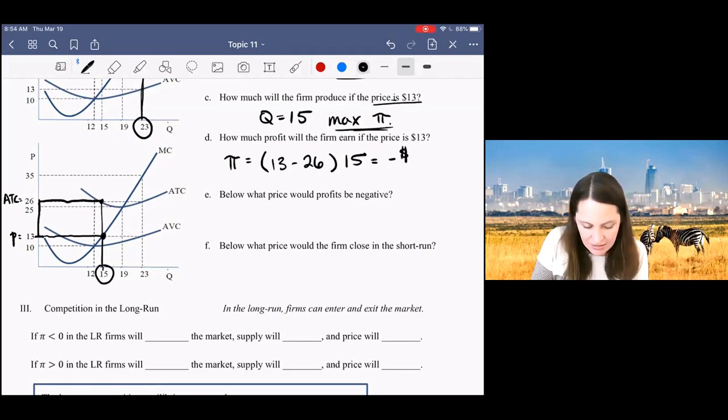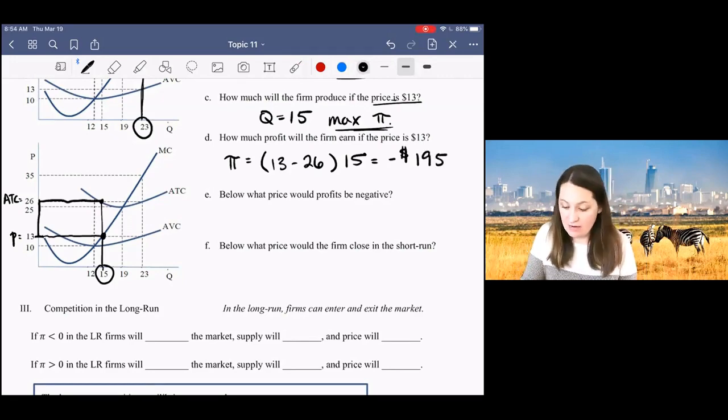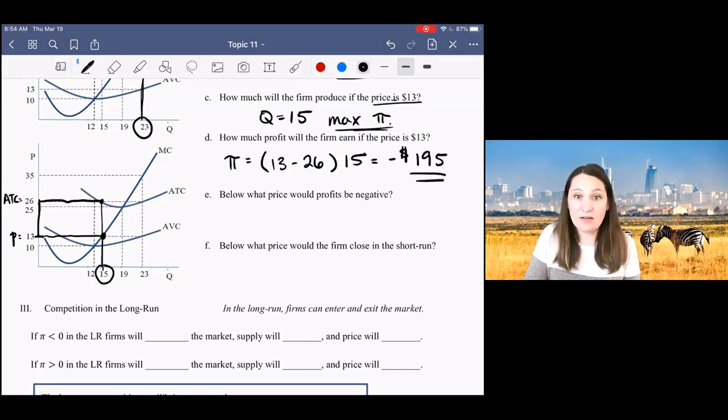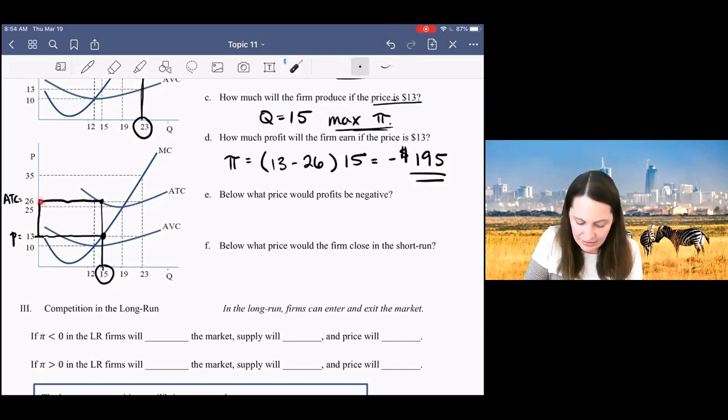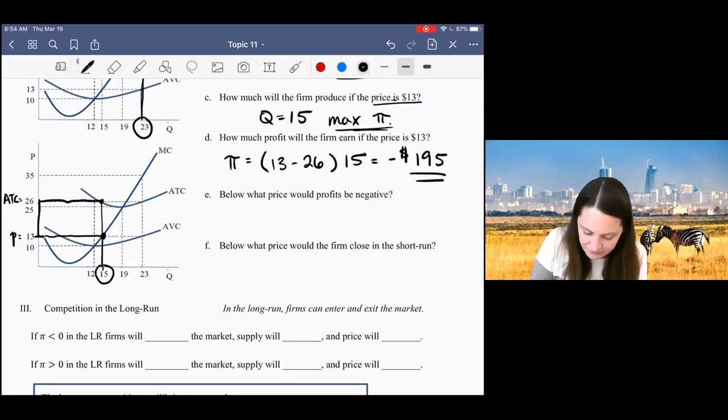Now, if we plug that into the calculator, we're going to get a profit of negative 195. Well, that's not good, right? Your price is less than your average total cost, so you're going to be earning negative profit. Yeah, 13 minus 26, that's negative. And here, we can label that area on the graph.